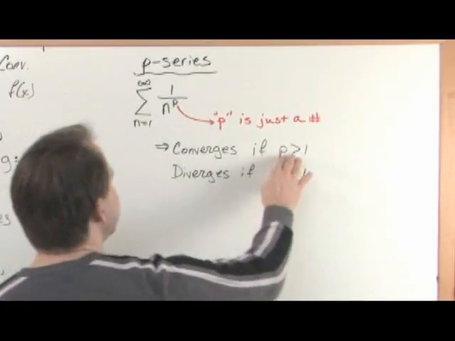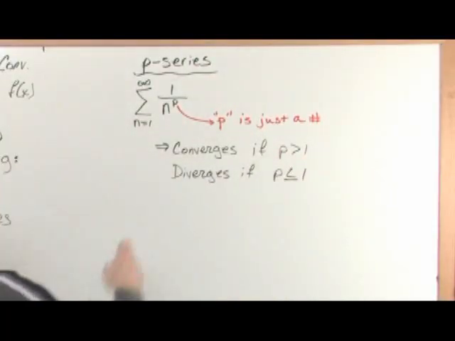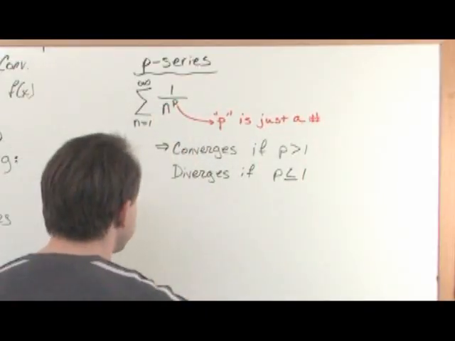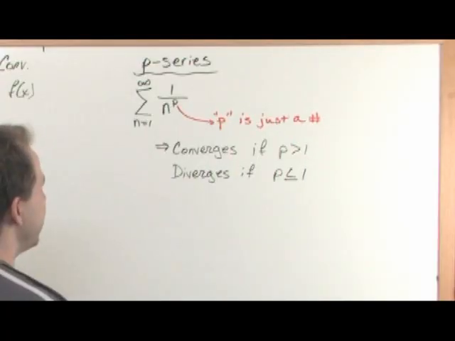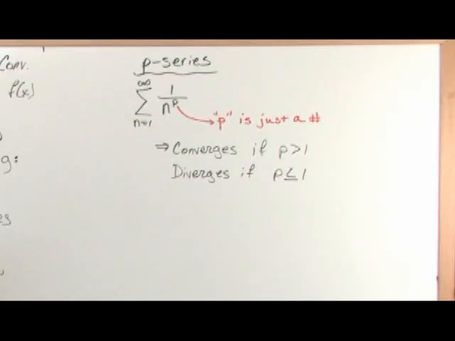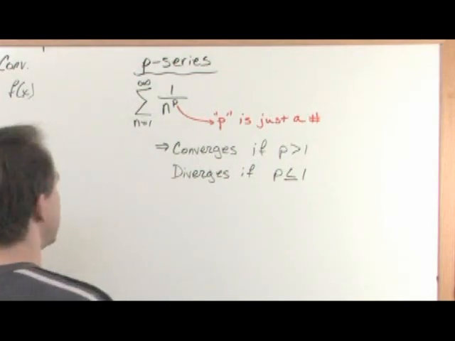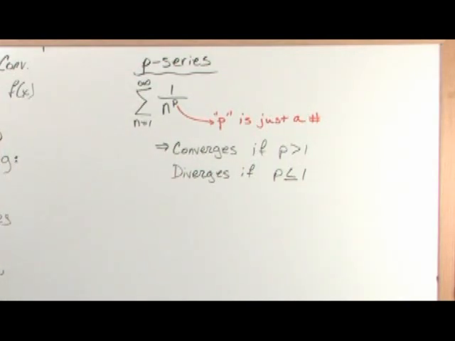If p is equal to 100, let's say, then you have terms 1 over n to the 100th power, and they're going to approach 0 incredibly fast. The faster the terms approach 0, the better chance you have at the thing converging, because they have to approach 0 in order for this thing to have a hope and a prayer of converging. But the faster they approach 0, the more likely it is that it does converge.